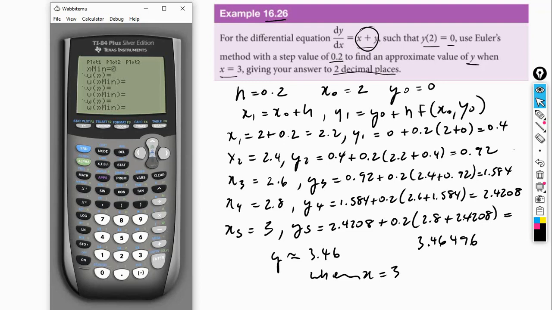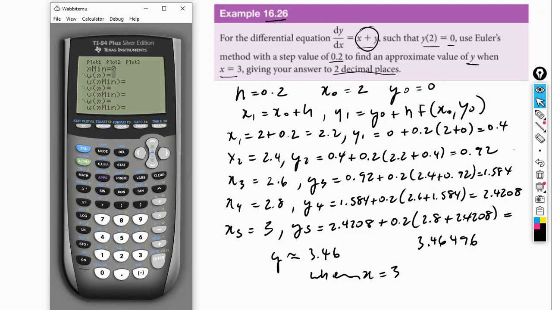u of n is going to be the way to get x, right? So to get the next x value, we would do the previous value plus h, but now we have to write the same thing in terms of u.